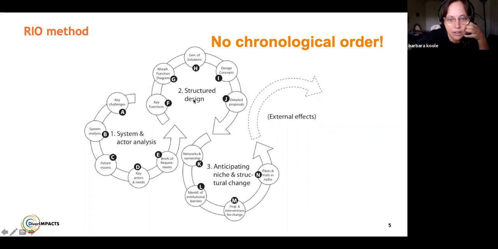The second, the design phase, is about developing solutions and looking for synergies and directions that a project could take. The third is focused on how to embed this into a larger system, and how to make sure that your projects within the group that you are working with can have an influence that goes beyond that group and affects a more structural change.